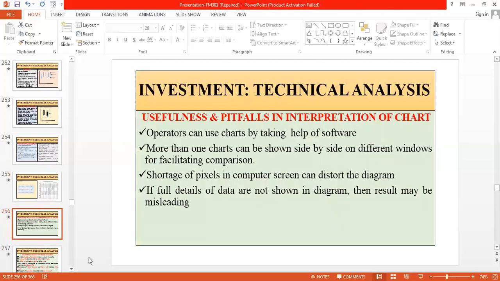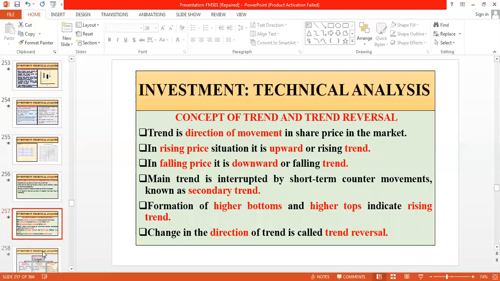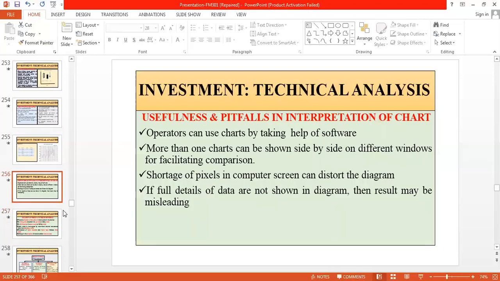With that, we have completed the different types of charts that are commonly used, and we have understood how they are interpreted. In this slide, some usefulness and pitfalls in the interpretation of the chart are given.